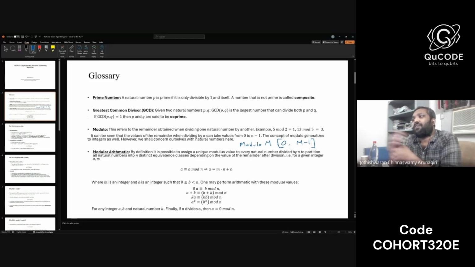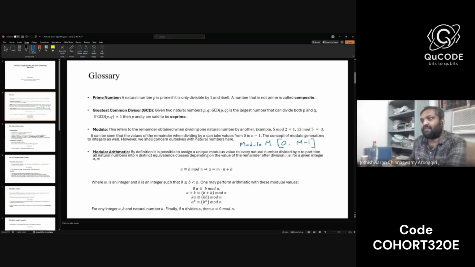So then we have modular arithmetic. Now, what is modular arithmetic? This is the idea. When I say I'm dividing natural numbers by a given number n, then it is possible for me to map all natural numbers to a finite set of numbers.